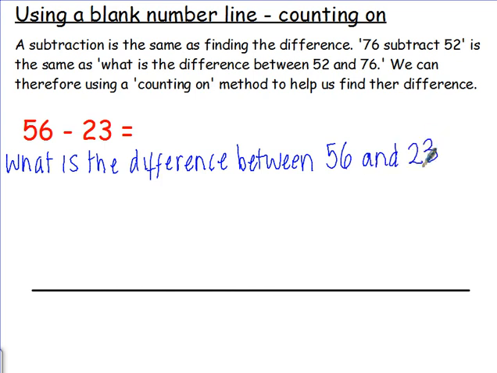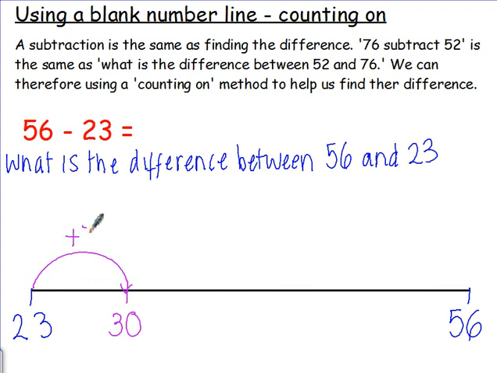We always put the smallest number first. 23, we're getting up to 56. What I'm going to do first then, I'm going to go from 23, well, what's the next number in our tens column? It's 30. To get from 23 to 30, I add on 7.